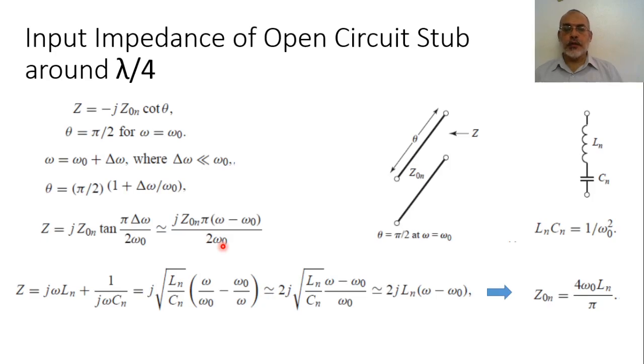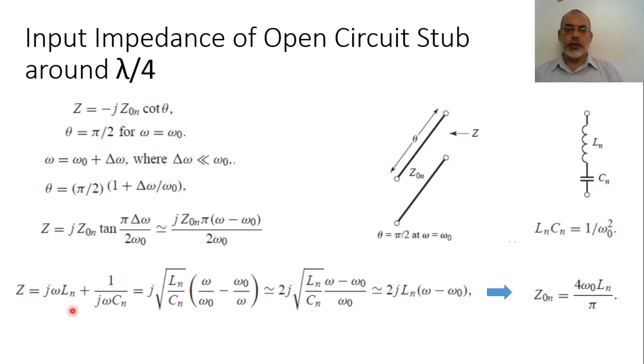On the other hand, from the equivalent circuit, the input impedance of such an equivalent circuit is j omega Ln plus 1 over j omega Cn. And the resonant frequency is related to the values of Ln and Cn such that Ln multiplied by Cn equals 1 over omega naught square.